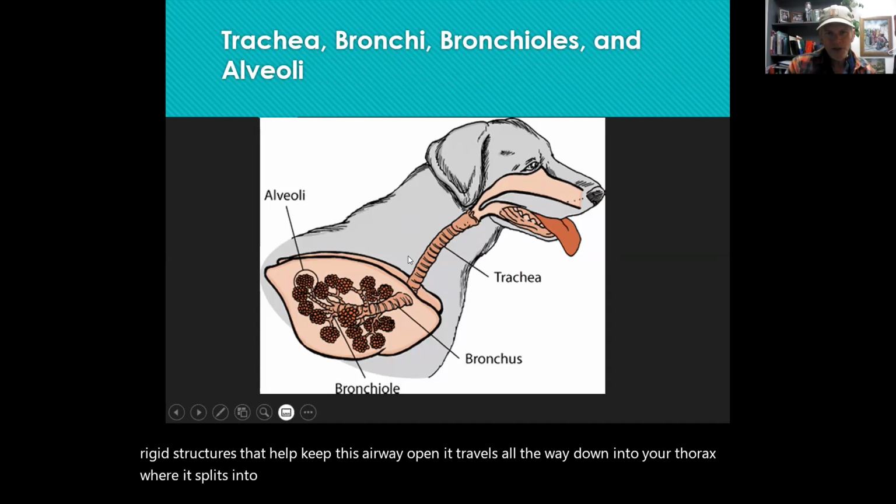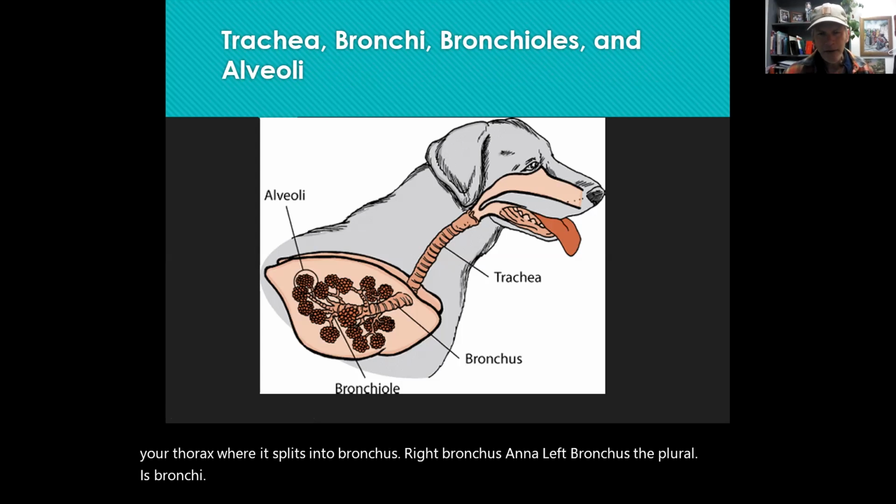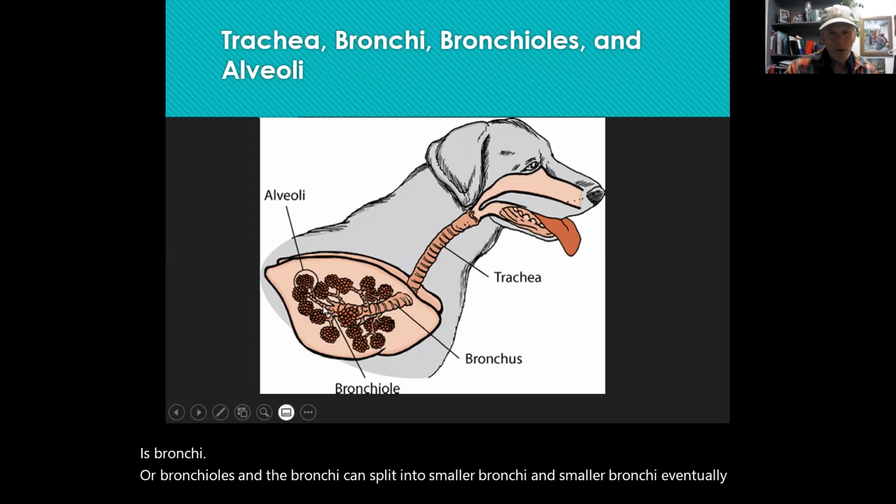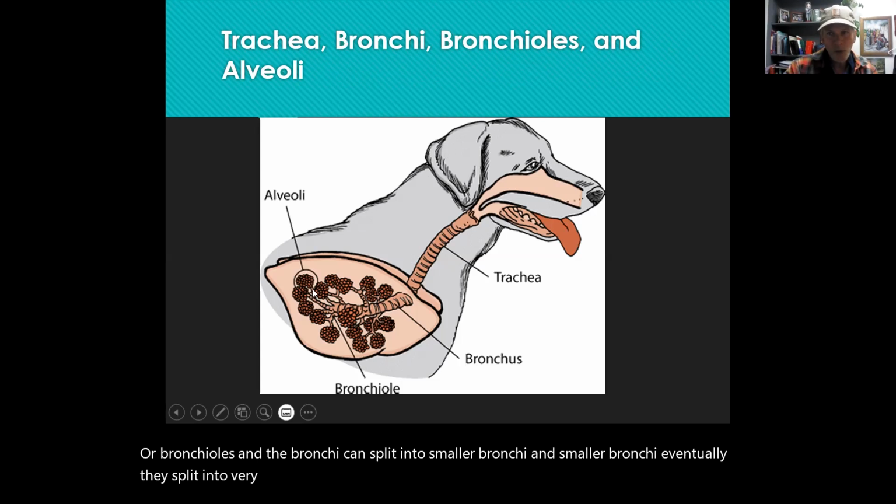There's a right bronchus and a left bronchus. The plural is bronchi, and then the bronchi can split into smaller bronchi and smaller bronchi. Eventually, they split into very small airways called bronchioles.